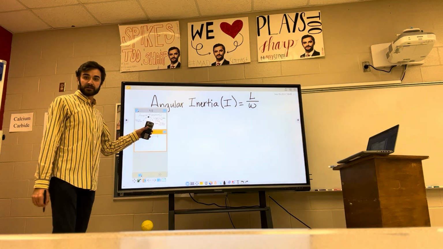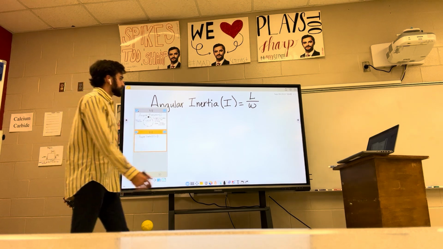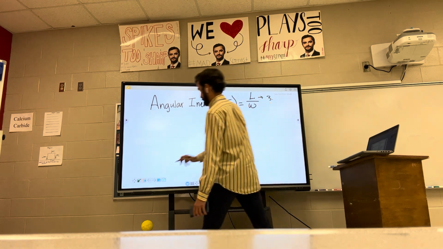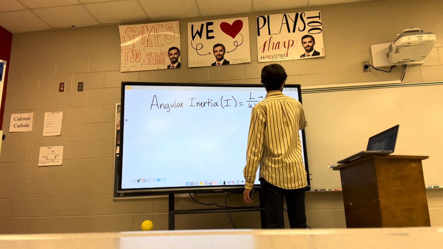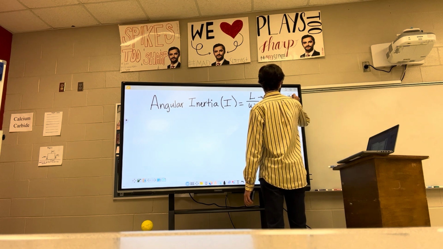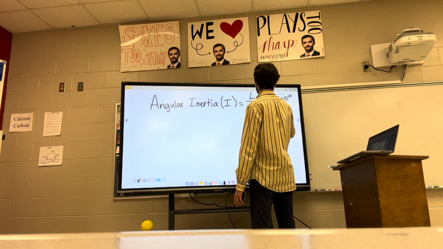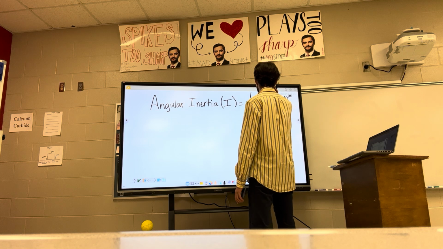So in that specific scenario, with what we worked on in the first one, we found that our angular momentum was 3.75 times 10 to the 10th power, and our angular velocity was 15 meters per second, okay?